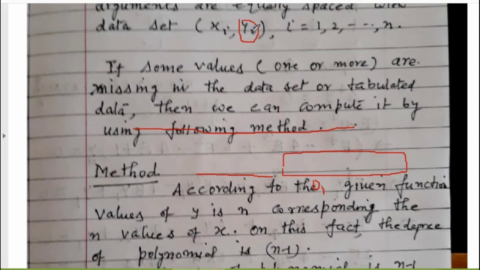So we get y1 corresponding to x1, we get y2 corresponding to x2, we get y3 corresponding to x3, and so forth, we get yn corresponding to xn.